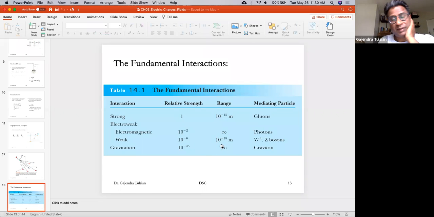And the gravitational force, of course, has an infinite range as well. Okay. So the mediating particles are gluons, photons for the electromagnetic force. For the weak force, it's the W and Z bosons, and for gravity, it's postulated as graviton. We haven't detected a graviton. And some people don't believe in gravitons, but anyway, so that's the picture.